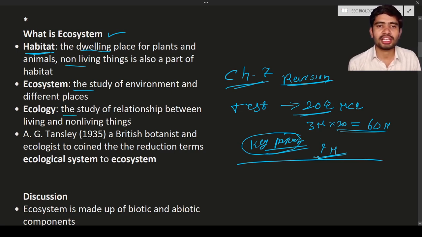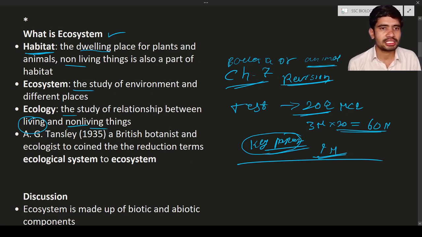Ecology means the study of the relationship between living things. Living things means all living organisms, whether bacteria, unicellular organisms, or animals like humans. All living organisms come under the living aspect, and non-living things like soil, water, sunlight, etc. are non-living things.